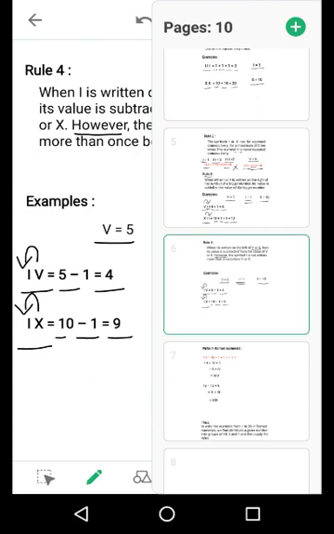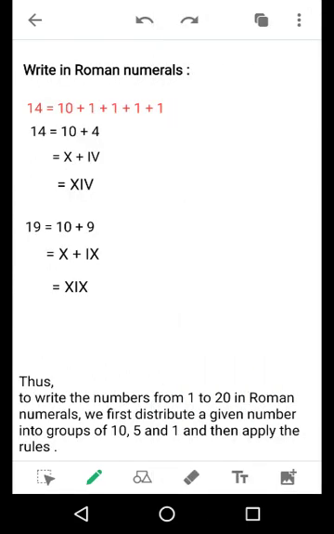After that, we see some other examples. Here we have to write international numbers in Roman numerals. First, we have to write 14 in Roman numerals. So, we think of 14 as 10 plus 1 plus 1 plus 1 plus 1.